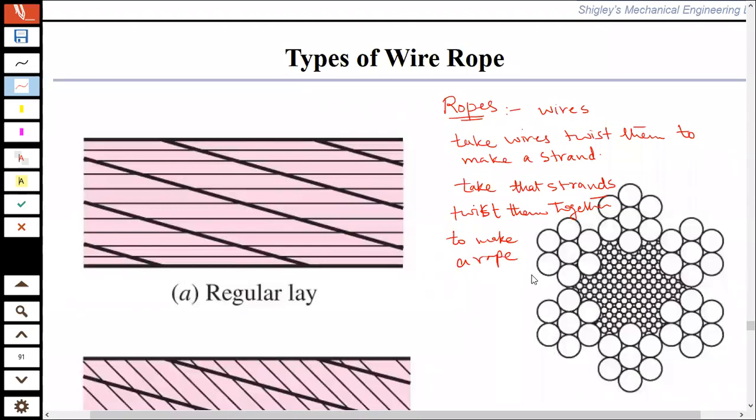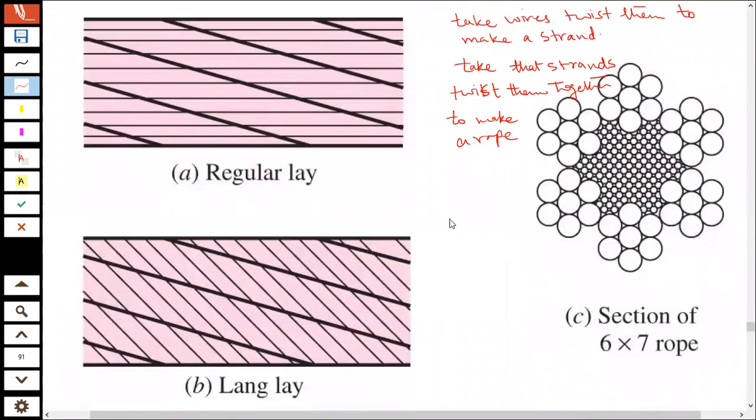What I mean is, we take some wires. For example, these are some wires and we twist these wires together. So this will make a strand. These are wires, right? And then this is a strand.